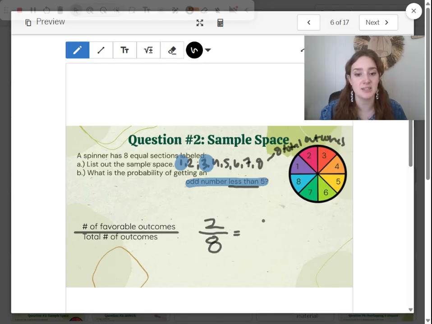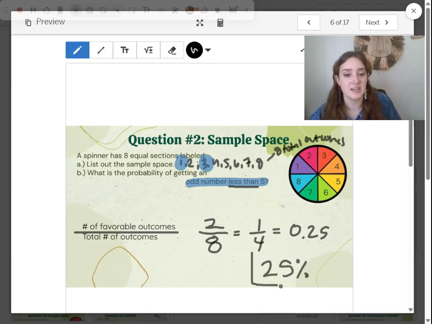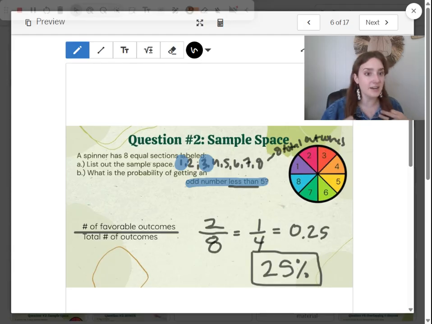So that's the same thing as 1/4, which is the same thing as 0.25 or 25%. There is a 25% chance that if you do this spinner, you're going to land on either the number 1 or 3, because those are the only odd numbers that are less than 5.